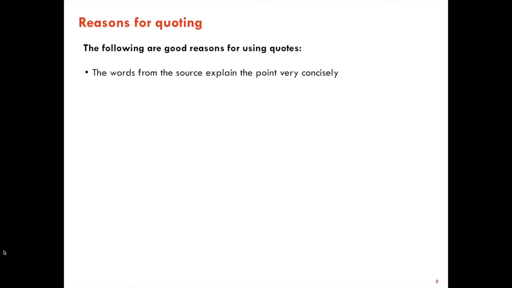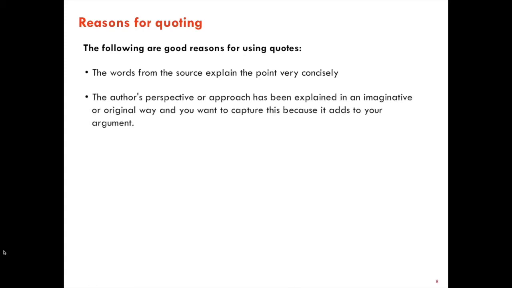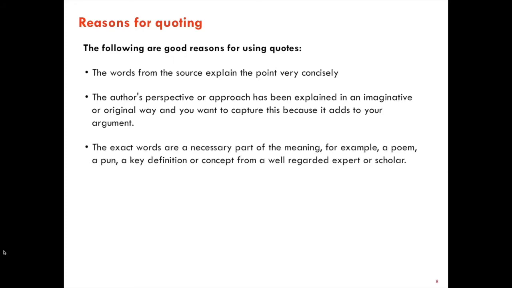If the words of the source explain the point very concisely, and it is a key point, then you may prefer to quote. Sometimes, if the information has been expressed in an imaginative or original way, and you want to share this with your reader, then you may wish to quote. Quoting may be necessary when you have to engage very closely with the text.